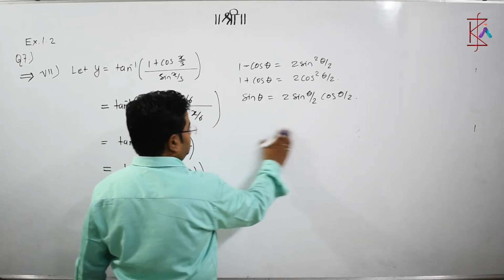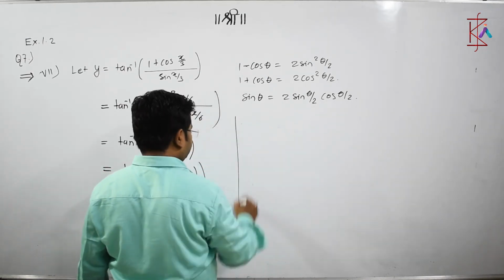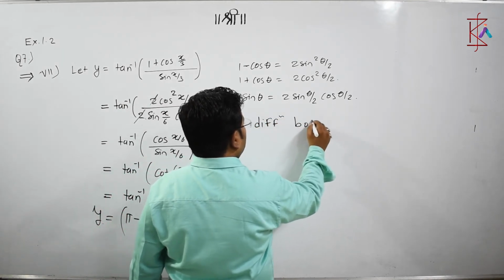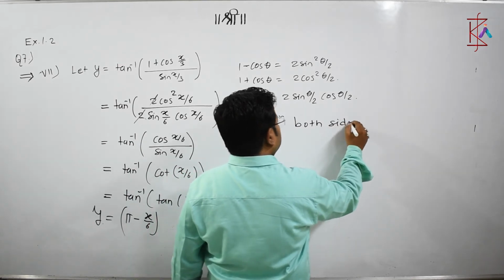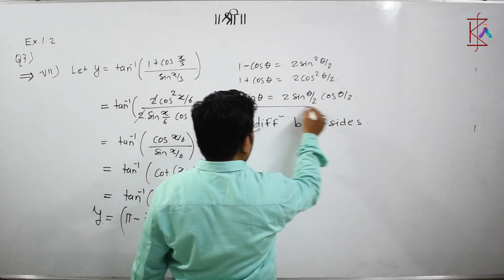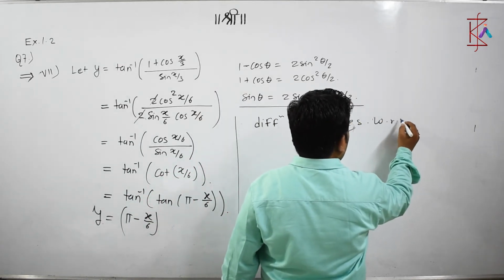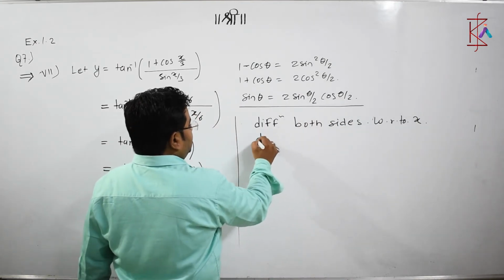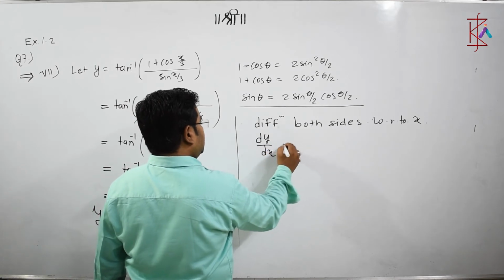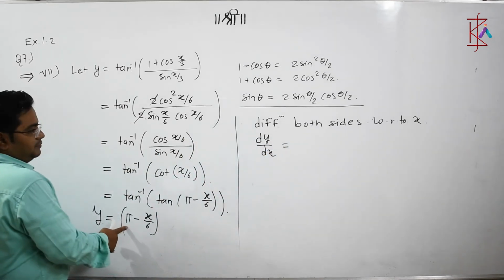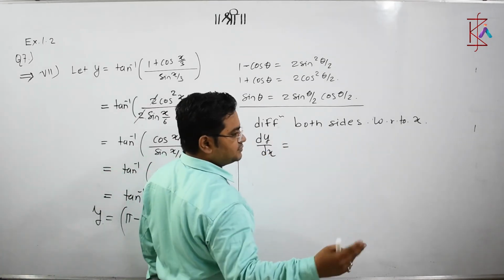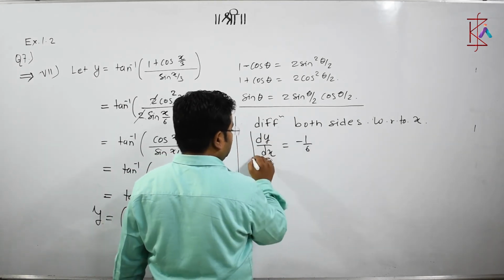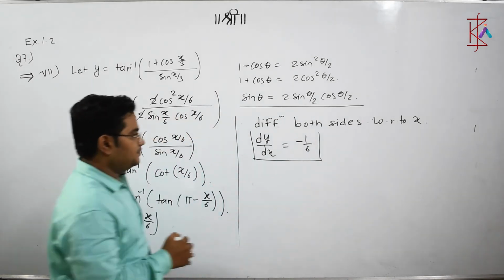What is the differentiation? Differentiating both sides with respect to x, dy/dx is equal to derivative of pi, which is 0, and derivative of x/6, which is 1/6. So minus 1/6 is our final differentiation.